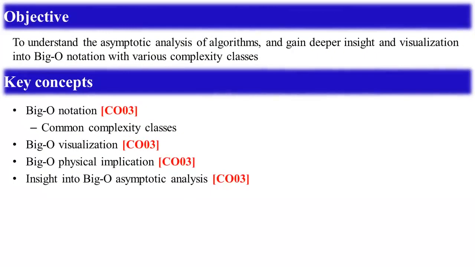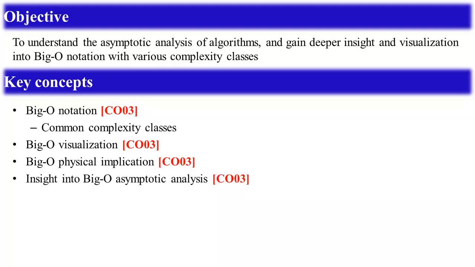The objective of this lecture is to understand the asymptotic analysis of algorithms, but the focus will be predominantly on the big O notation. We'll try to gain deeper insight and visualization of the big O notation with various complexity classes. The key concepts involved are the big O notation, especially the popular complexity classes.